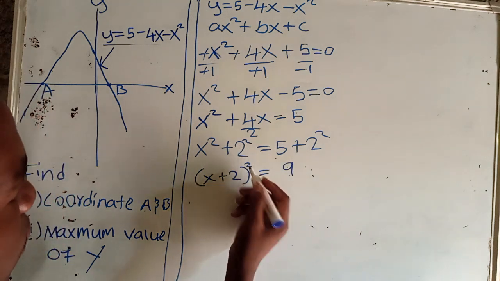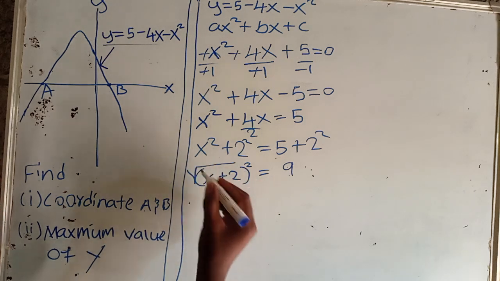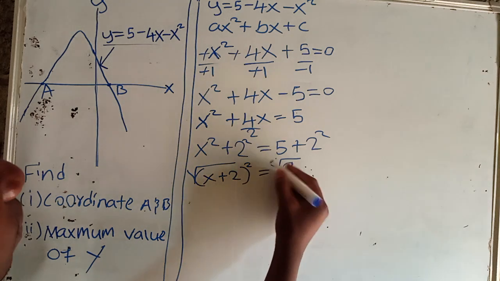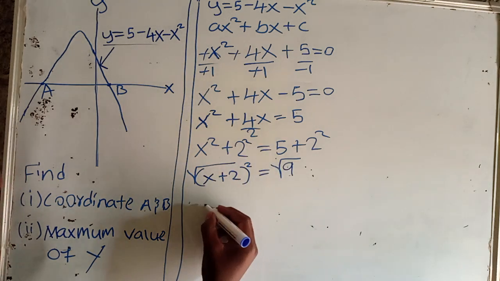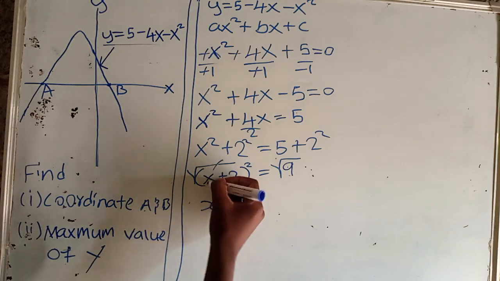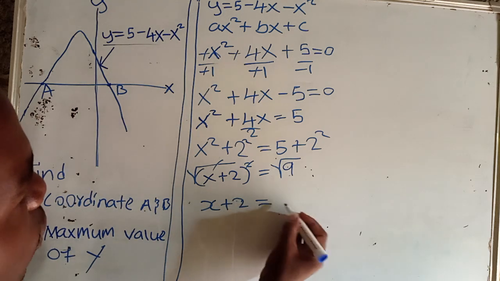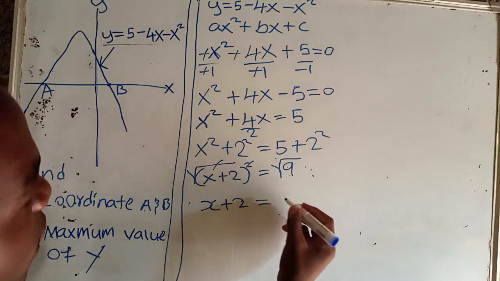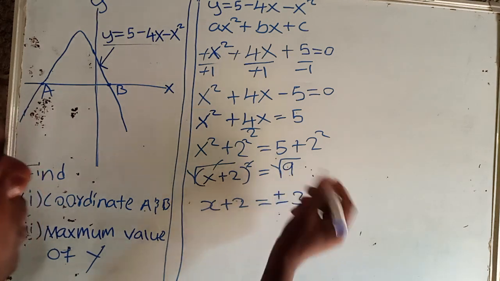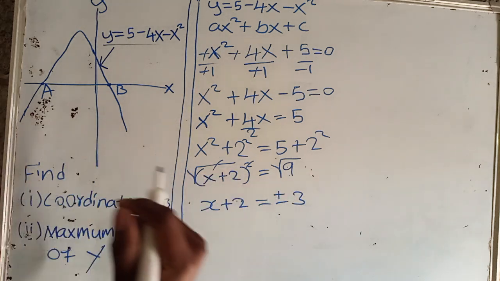Then to get rid of this power, we are going to introduce a square root. Even this side, we are also going to introduce a square root. Then we are going to have x plus 2, because this square root and this square root will cancel, is equal to, the answer that we are going to get will be either positive or negative 3, because the square root of 9 is 3.